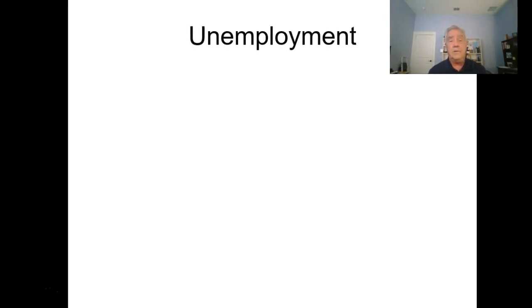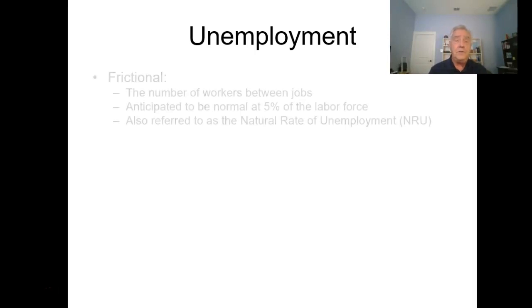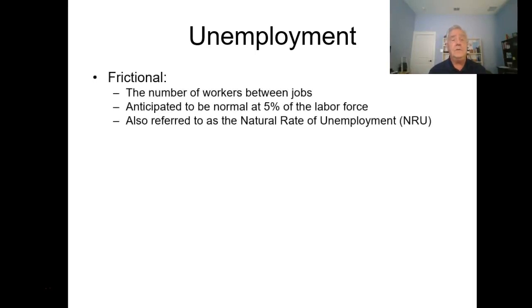All right, unemployment. Let's look at this in its pieces. There are four major pieces to unemployment. First is frictional. And frictional is really what we look at in terms of what we call normal unemployment. And this is the number of workers between jobs. And we anticipate that this would be about 5% of the labor force. Some people also refer to this as a natural rate of unemployment, but for us, we'll stay with the idea that it's frictional unemployment.